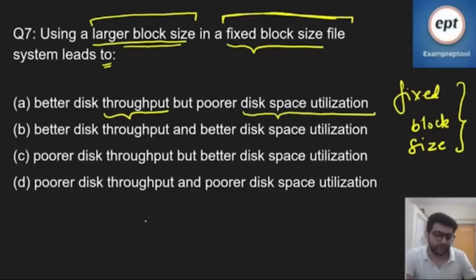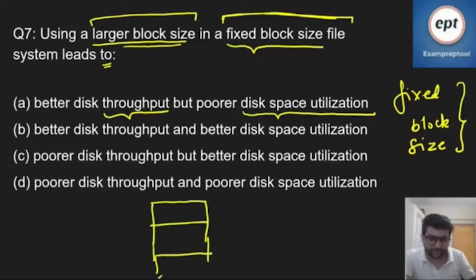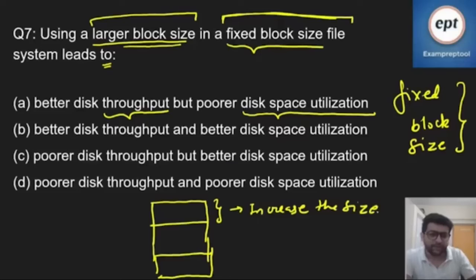So immediately, let's say we have been given the hard disk, right? And let's say these are the blocks of the hard disk, right? If we increase the size of the disk block, then if we have a file smaller than the block, this particular space will be wasted.